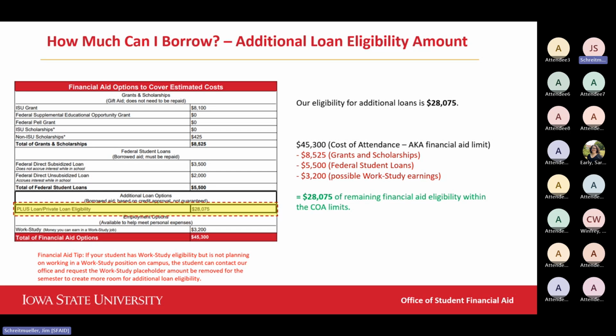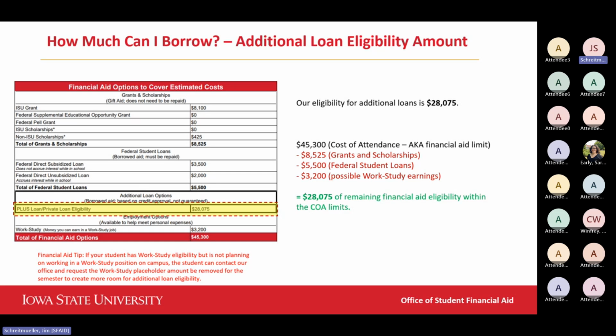So we can see that our eligibility for additional loans is $28,075. But how did we arrive at that number? Basically, we start at that $45,300 cost of attendance limit, and then we subtract away any financial aid, which takes up part of this pie.